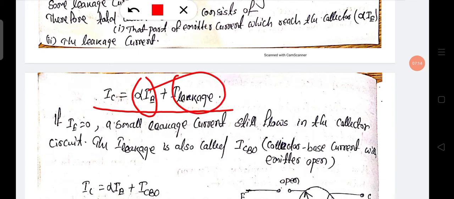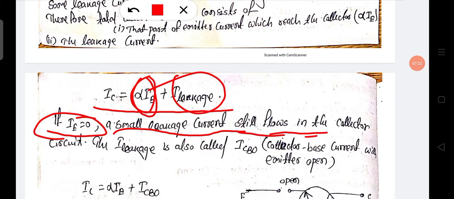Even if IE is 0, a small leakage current still flows in the collector.